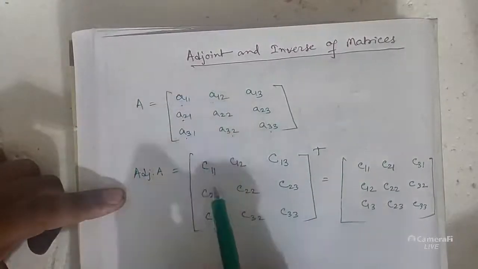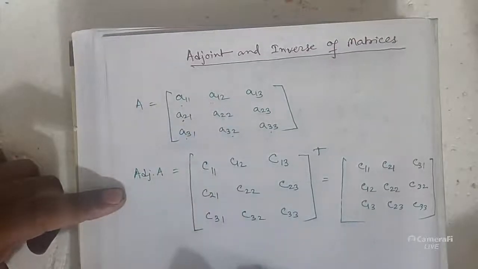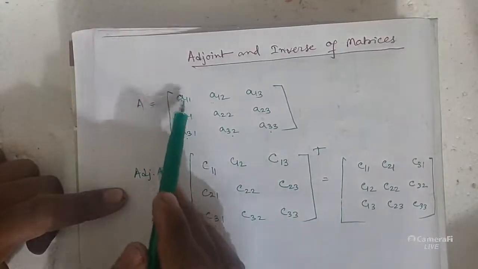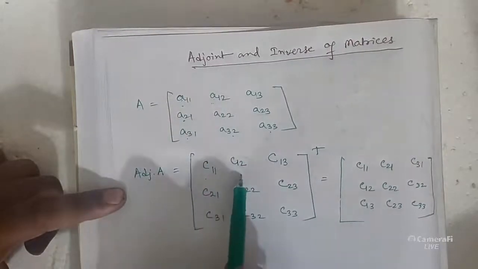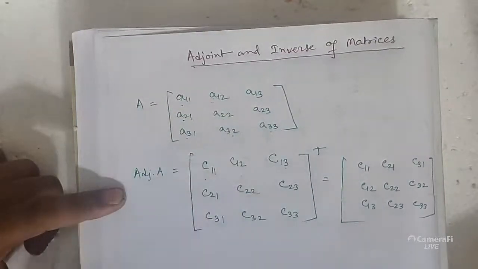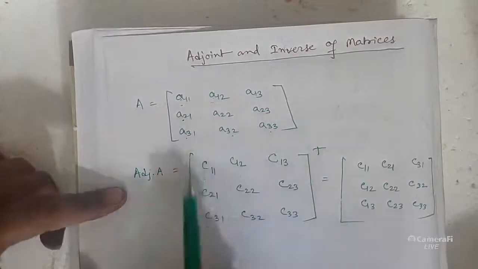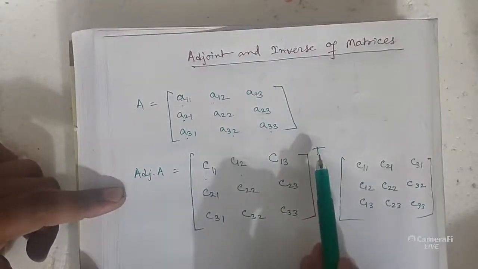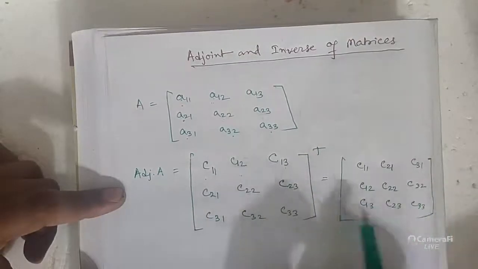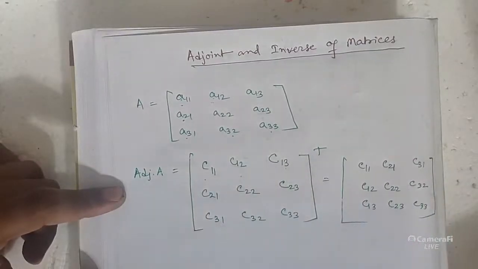First we have to write down the corresponding cofactors. Cofactor of A11 is C11. Cofactor of A12 is C12. A13 is C13. So all 9 cofactors we have to write, and then take the transpose of the matrix. Whatever we get here will be the adjoint of the A matrix.